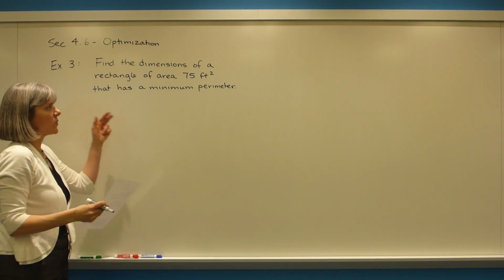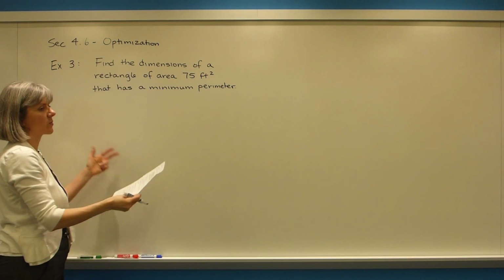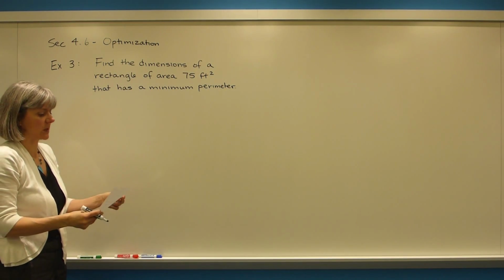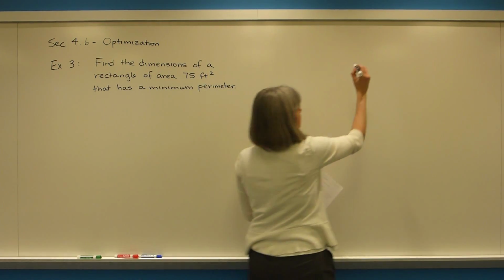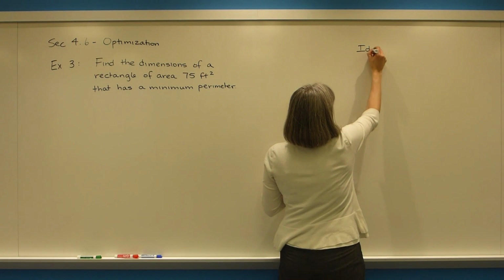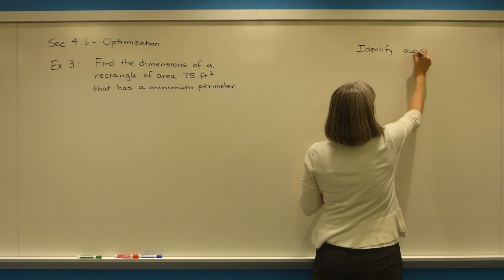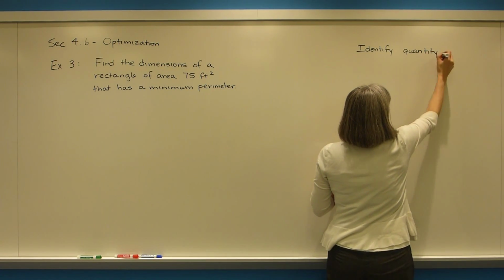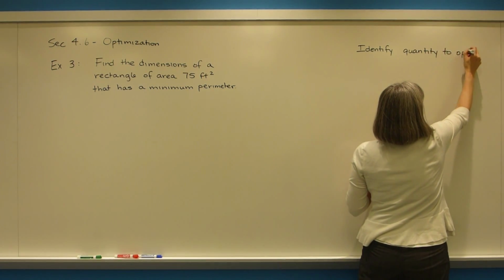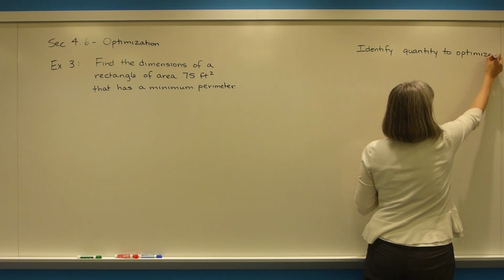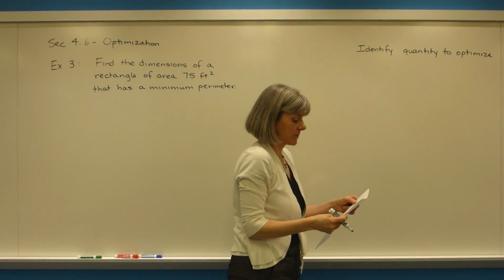So let's look at what we need to do when you're faced with a problem. How do you know how to start? That's always one of the hardest things. So the first thing you need to do is identify the quantity you are trying to optimize. That is, which one are you trying to make a max or a min? So it'll be one or the other, max or min.